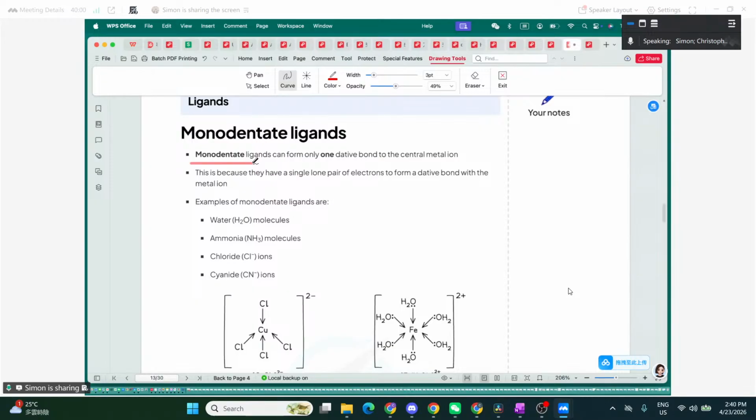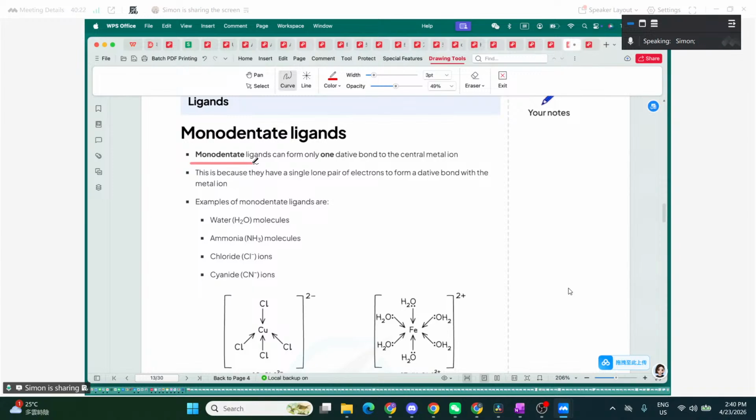There's only one single lone pair of electrons to form a dative bond with the metal ion, right? If there is more than one, then we call it a multidentate ligand.